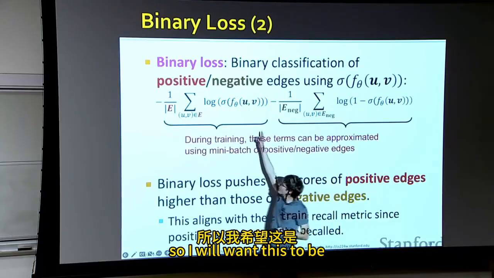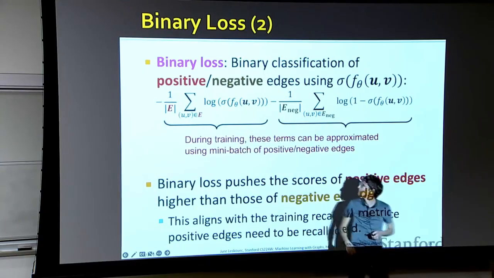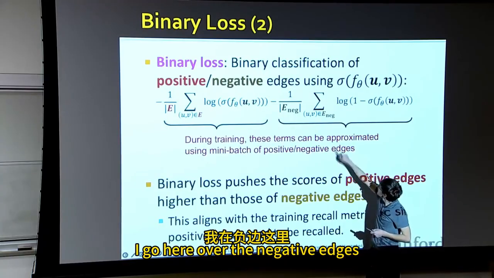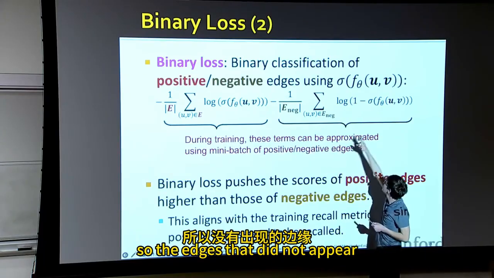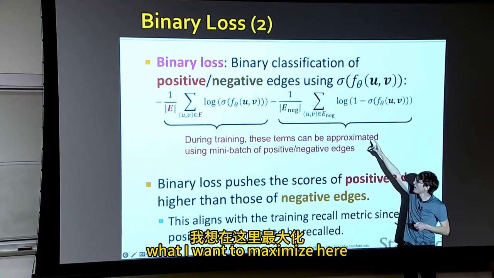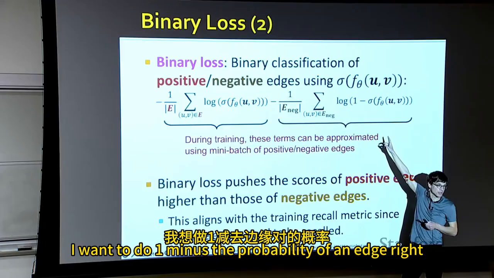So I will want this loss to be as small as possible, right? And then I go over the negative edges, so the edges that did not appear. What I want to maximize here is 1 minus the probability of an edge, right?